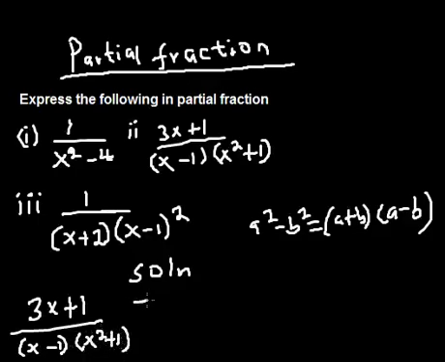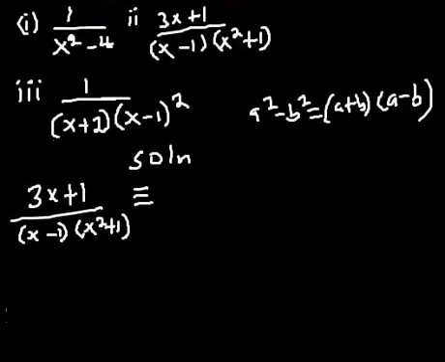Okay, now there's a slight difference in the procedure I'm going to apply here. First of all, for this denominator x minus 1, I use A all over x minus 1.